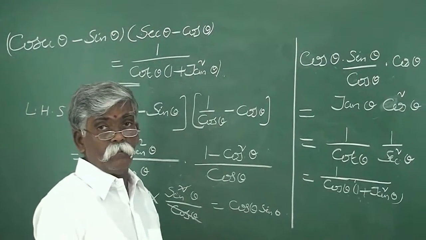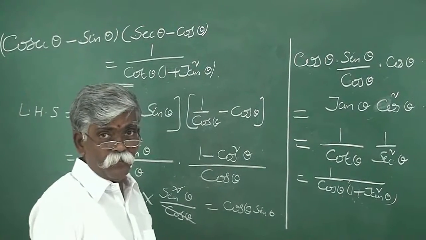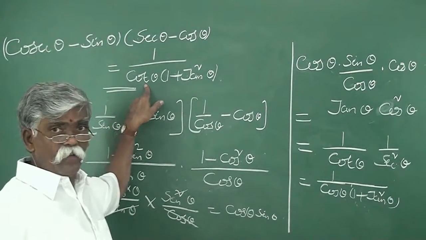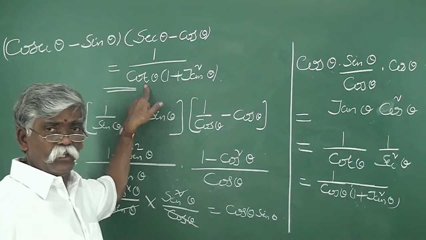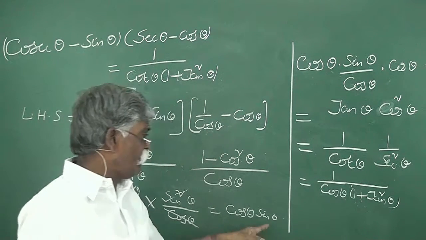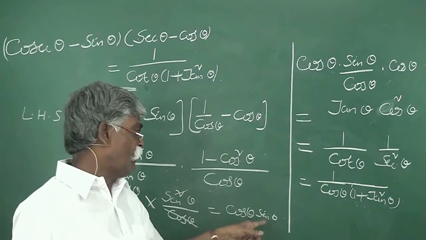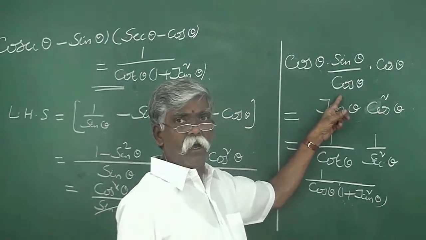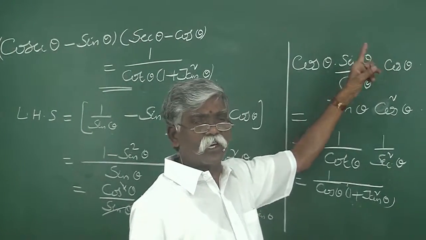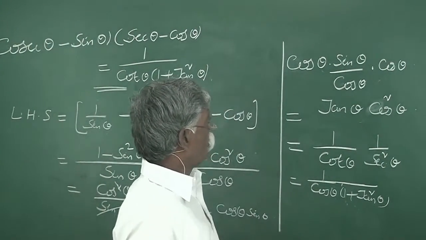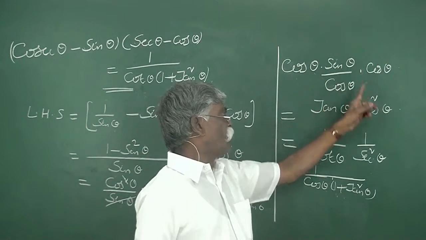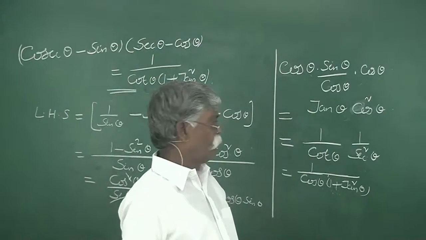But the answer is something different. So if we look at the answer, cot theta in the denominator is equal to tan theta in the numerator. So to get tan theta in the numerator, let us divide this sin theta by cos theta and multiply by cos theta so that the value does not change. Now this sin theta by cos theta is tan theta. Cos theta into cos theta becomes cos square theta.